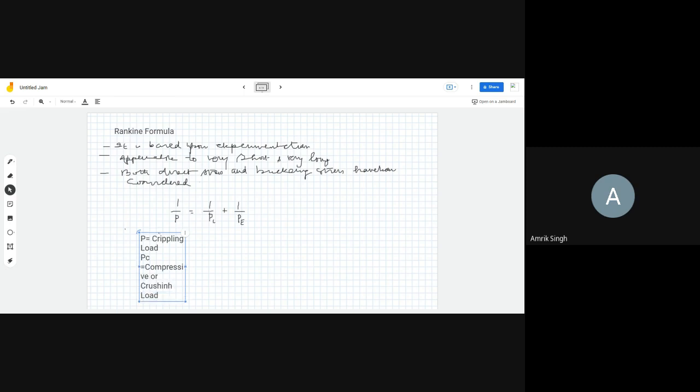And third is PE. PE is equal to the Euler load.